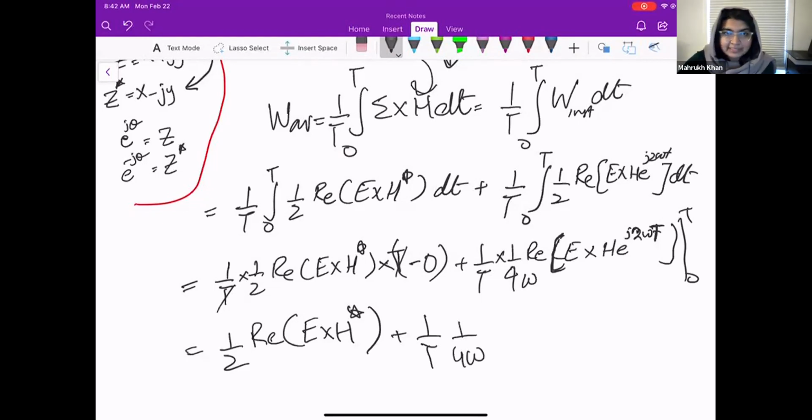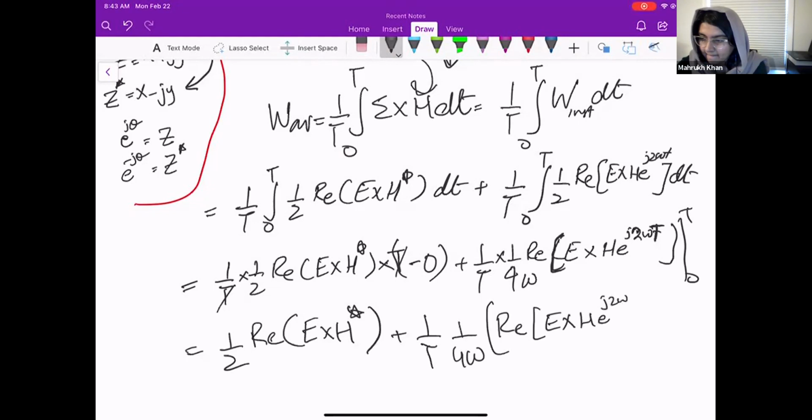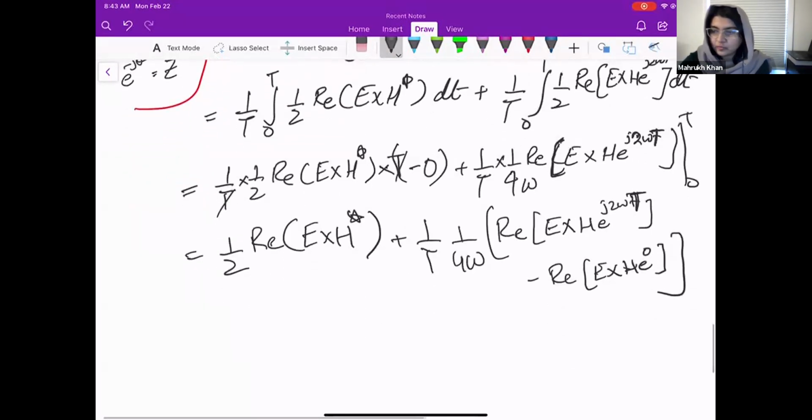If I replace e to the j2 omega capital T, that is the whole time period, minus 0, these two quantities will cancel each other because they will both give us 1, because it's the whole time period we are covering.